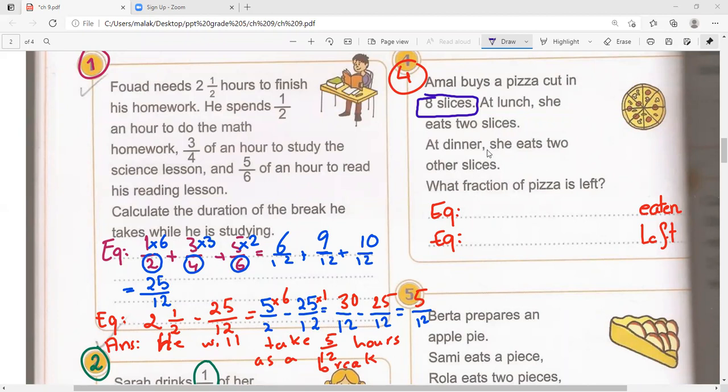I was asking you how many pieces did she eat at lunch and at dinner in both? She ate 2 pieces at lunch, and at dinner 2. So how much did she eat in both, Zahra? 4. 4/8. How do we write the equation?